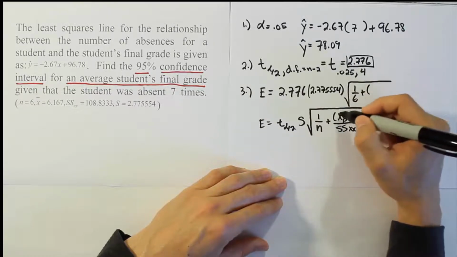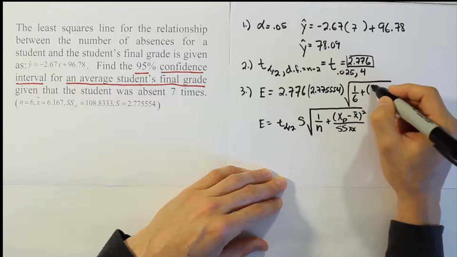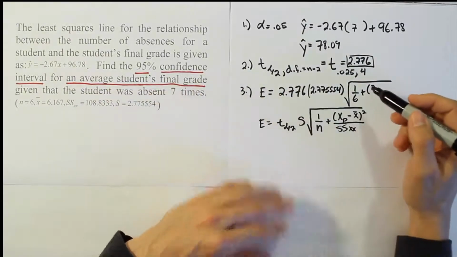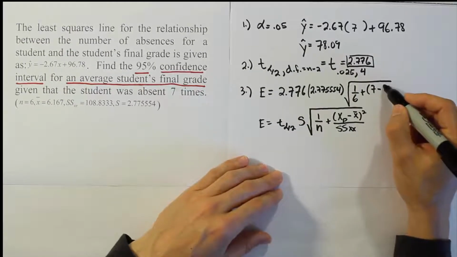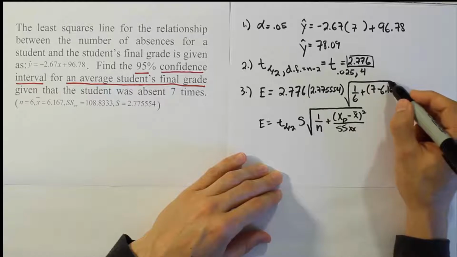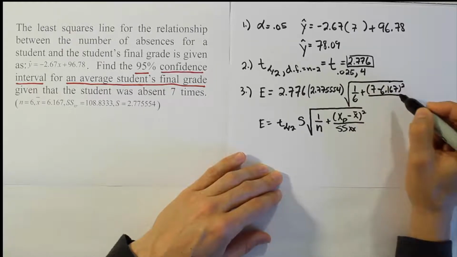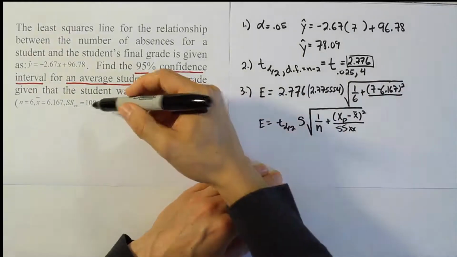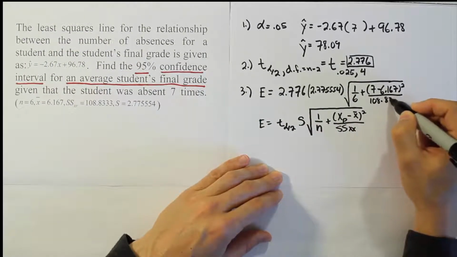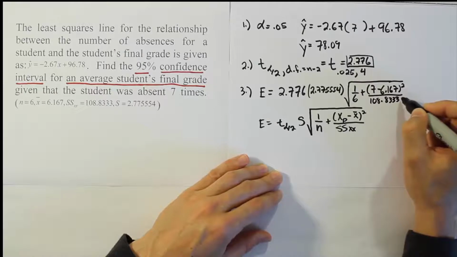Plus the x predicted value, so the predicting x value, which is 7, minus the x bar value. They gave us that as 6.167. And then from there, we're going to square that and divide by the sum of squares for the x values, which they gave us as 108.8333, so on and so forth.